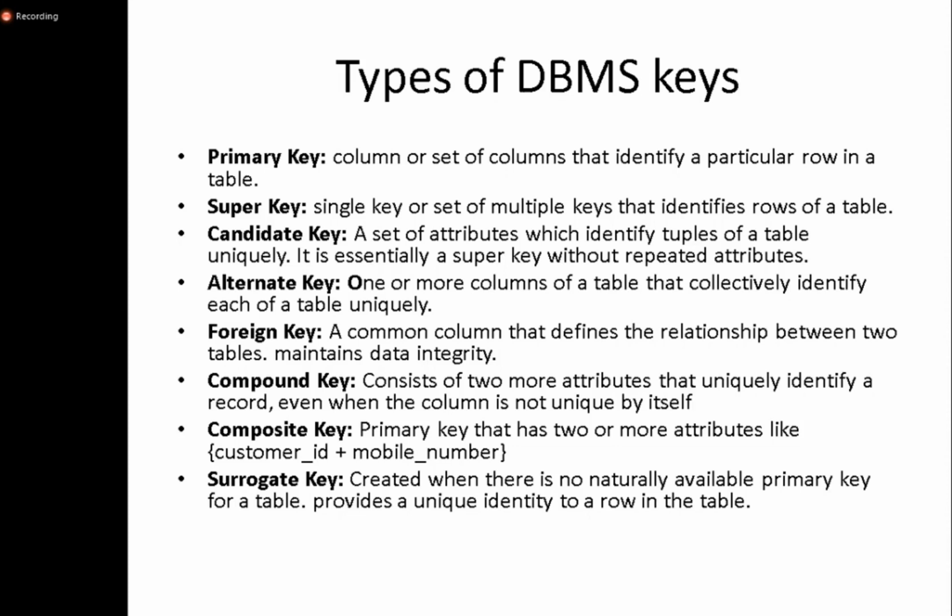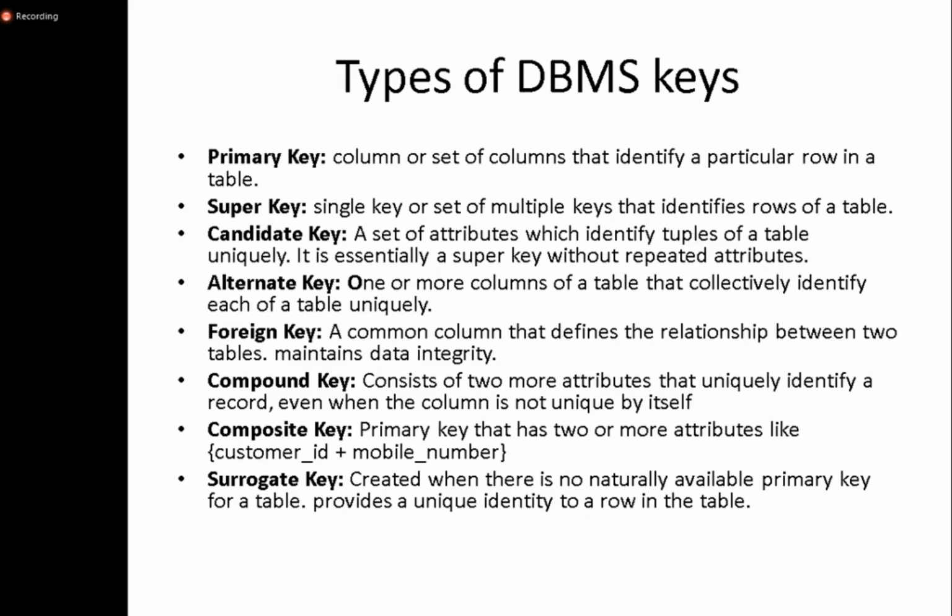If you take a set of keys to uniquely identify a record, then we call it a compound key. And there can be a composition of several keys that you may not use as a unique identifier. Then it can be a composite key.